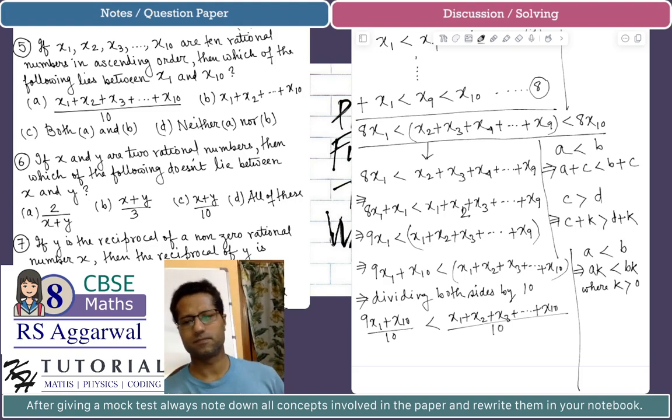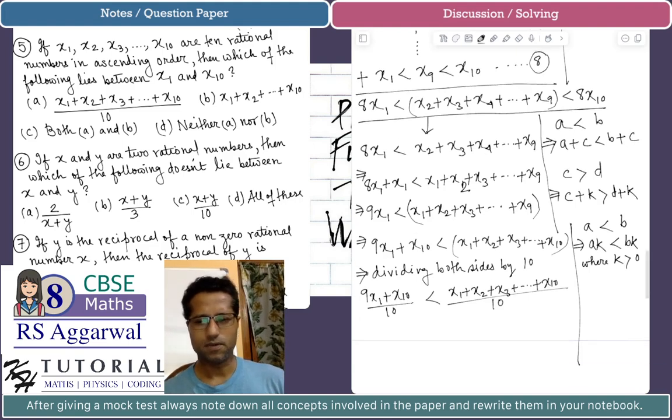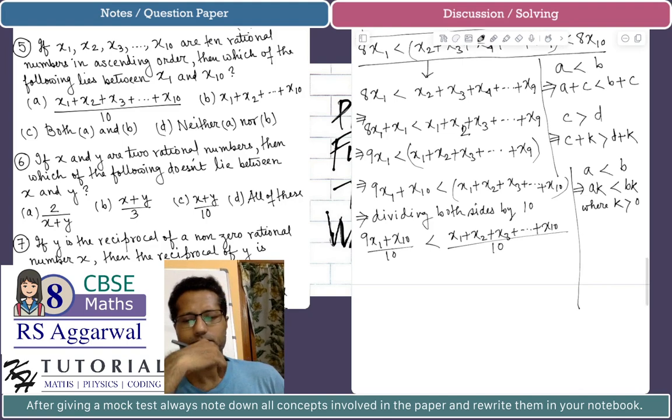So we got this. We can see that x1 plus x2 plus x3 up to x10 divided by 10 is greater than 9x1 plus x10 by 10.